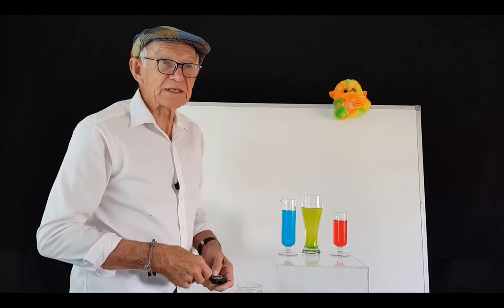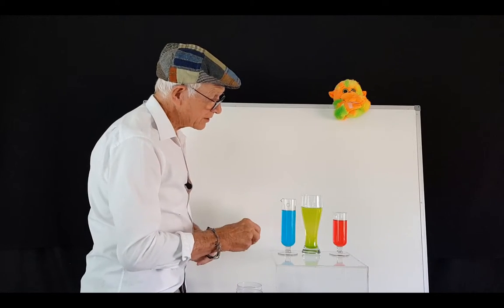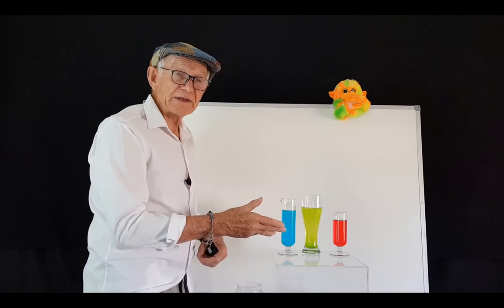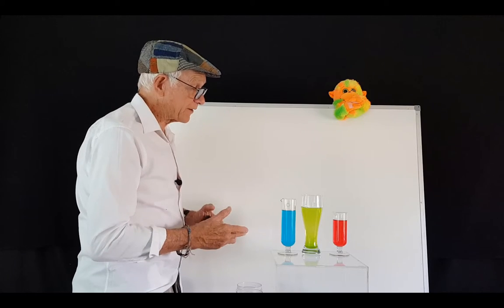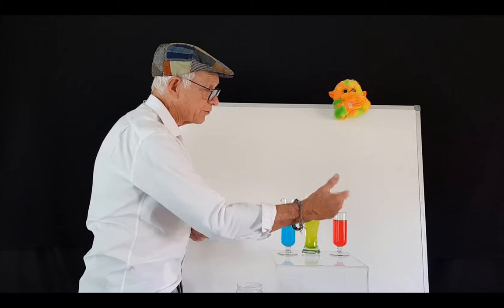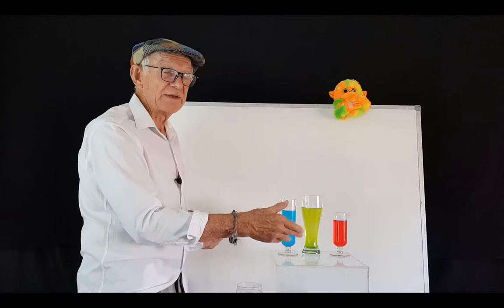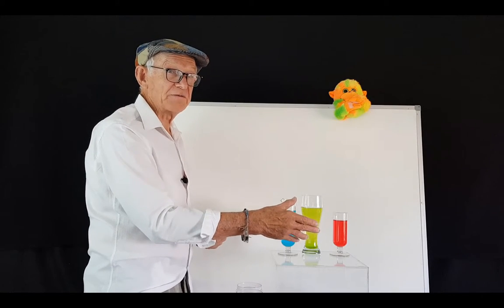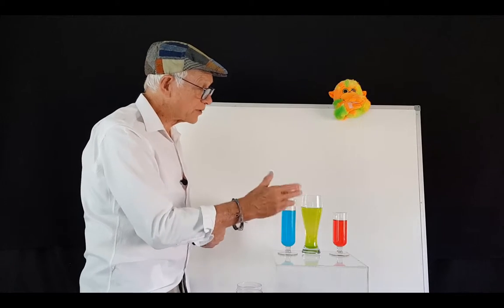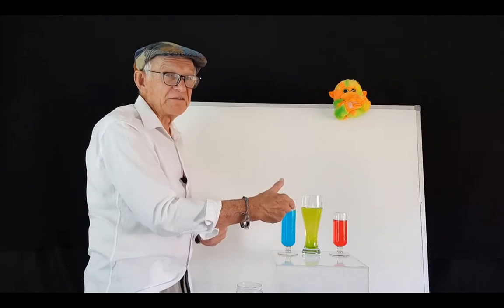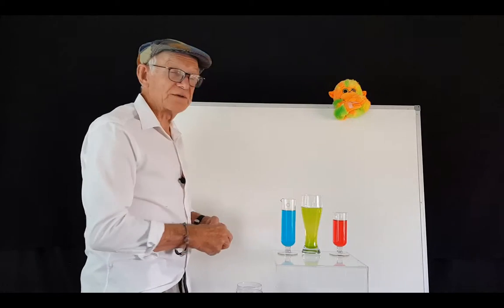Now, in particular, in a red solution, it must be that the wavelengths being absorbed are those at the red end of the spectrum. That's the high energy end of the spectrum, absorbing blue and violet and transmitting those that are red.